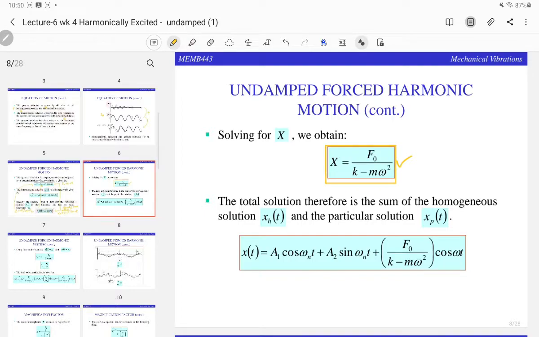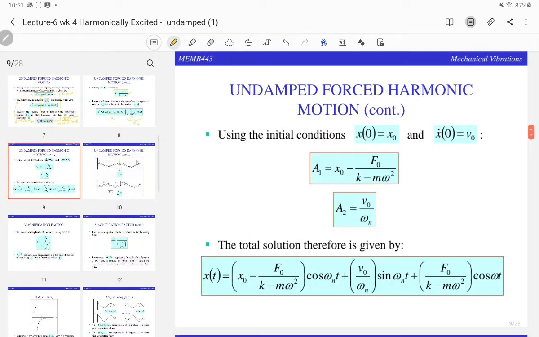From there, if you have f naught, k, m and omega, you can solve for your amplitude. So the total solution just now, if you substitute, this is your x, and you can see that this part here is your xh, and this part here is your xp or x steady state. That is how you get the total solution.